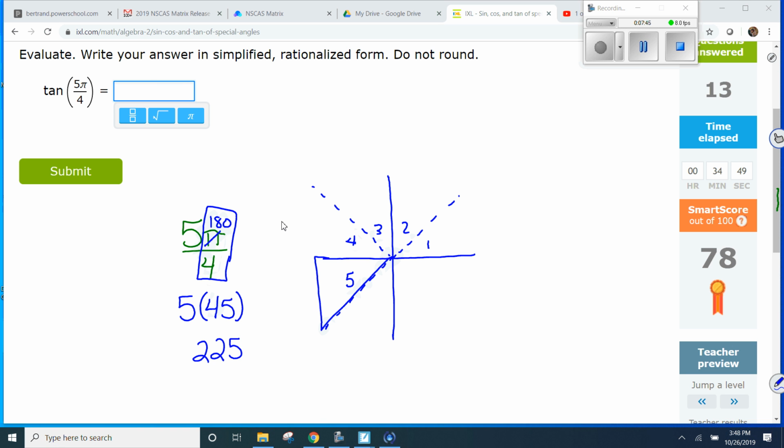What I think about is I envision where 45 degrees is, and I have 2 of them in 90 degrees. So the fifth one puts you into that third quadrant. And they are looking for tangent. So tangent in the third quadrant, if you look at it, all students take calculus, tangent will be positive in that third quadrant. So I know that my answer will have a positive value.